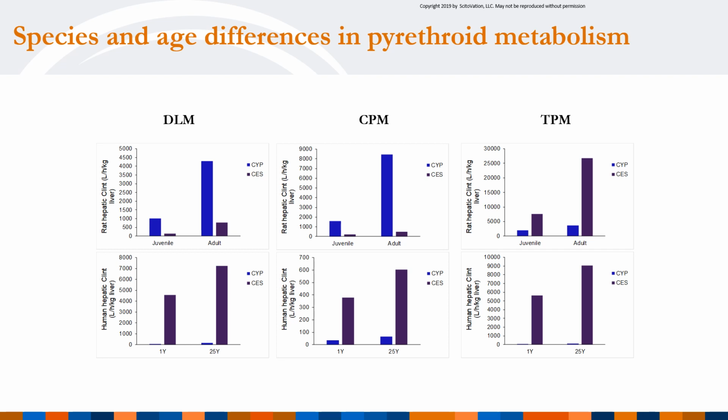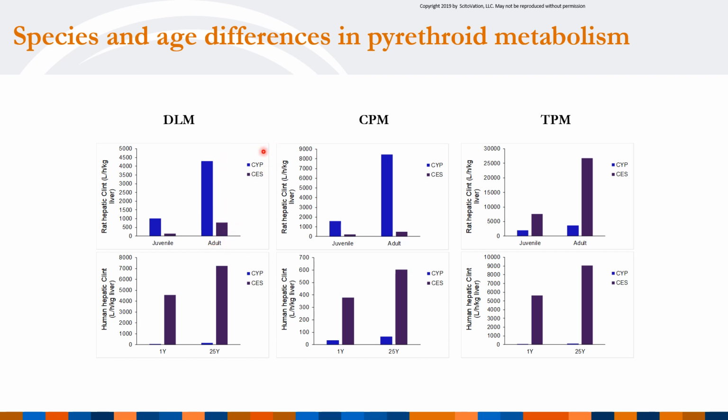Here is an example of species and age differences in pyrethroid metabolism. On this figure, you can see the x-axis on the top is the rat hepatic clearance, and on the bottom, it's the human hepatic clearance. The first bar is for juvenile, or 1 year old in human, and the second set is for adults.